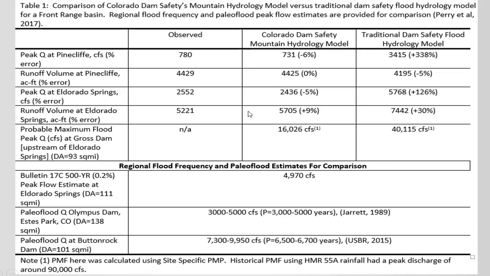But let's jump. What I want to show you here is extrapolating to using our model for the PMF modeling and then a comparison to the observed paleo flood record.